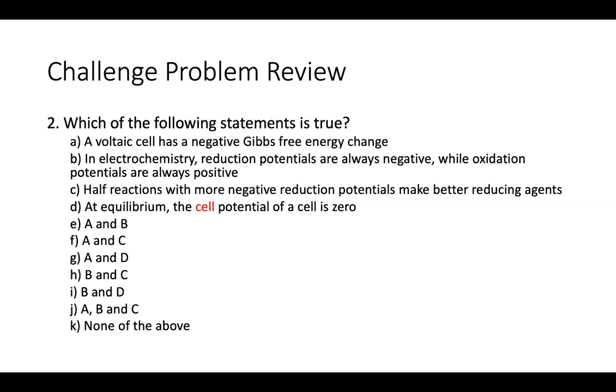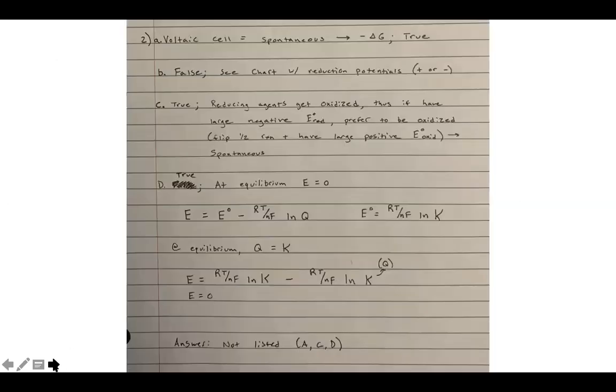However, as your reduction potentials get more negative, those half reactions are better reducing agents. So statement C should have been true. In statement D, at equilibrium, cell potential will be 0. So that would also be true.